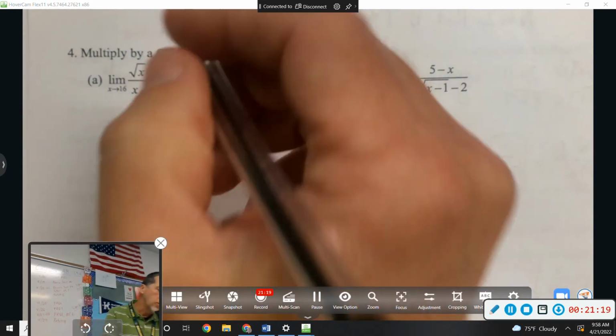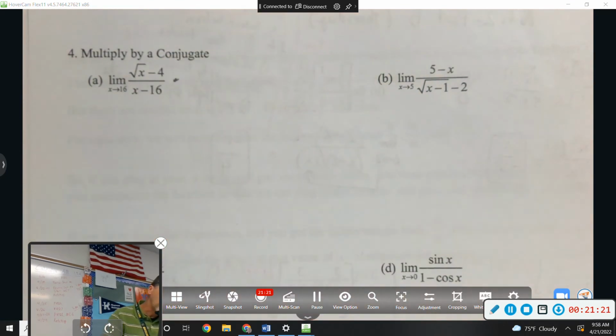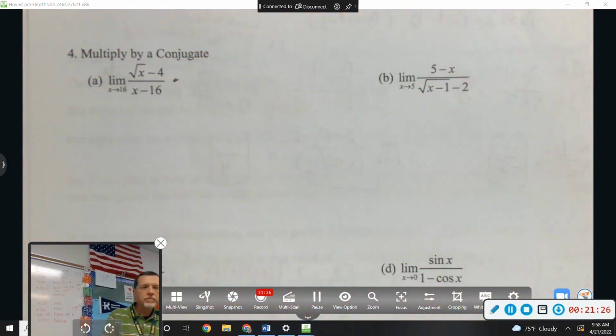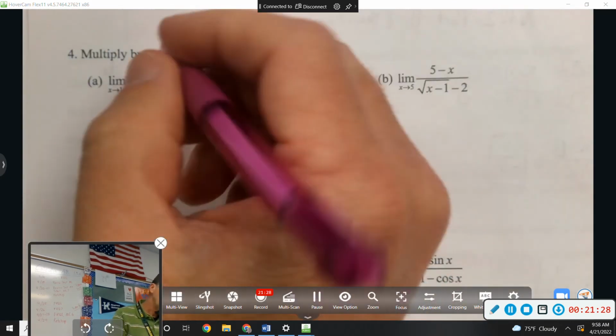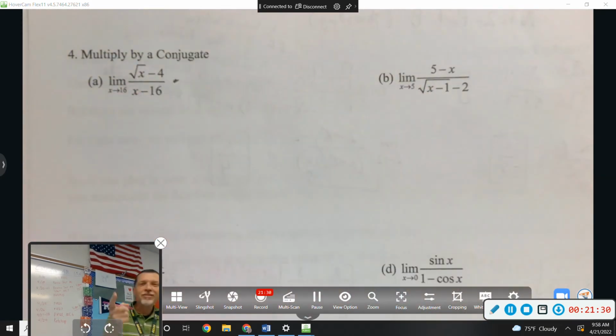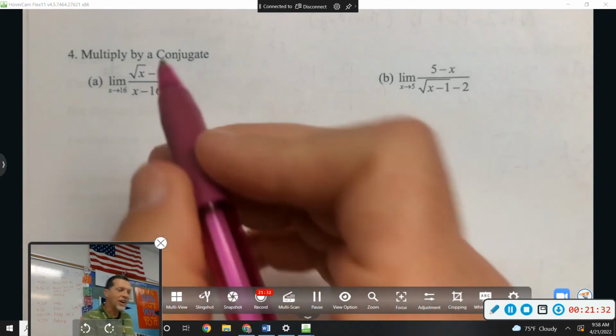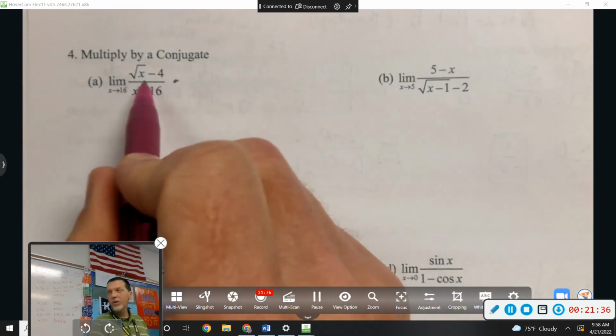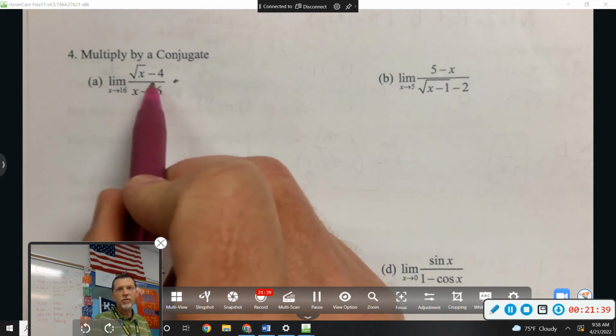So what do you think the conjugate is of this first one? Okay, it's a good question, because a conjugate of what? You could argue that it's x plus 16, or you could argue that it's square root of x plus 4.